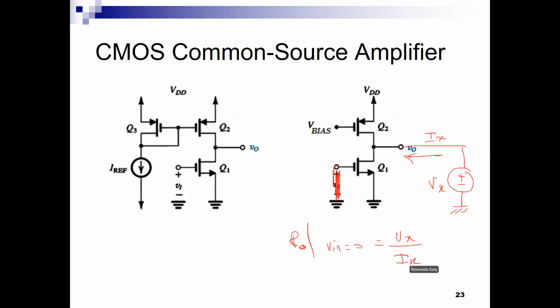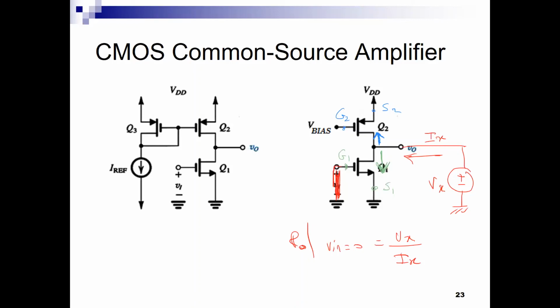Let's see the current Ix. Where is it going to go? It's going to split into two branches. One looking into transistor Q2, with the gate and the source at DC, right? And another one looking into transistor Q1 with the gate and the source also at DC or ground.